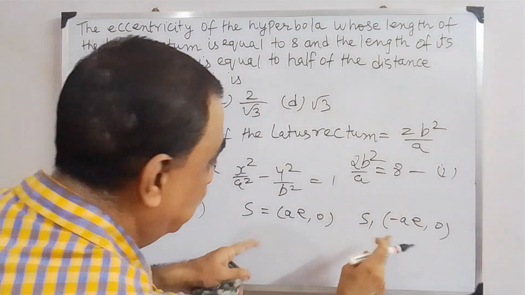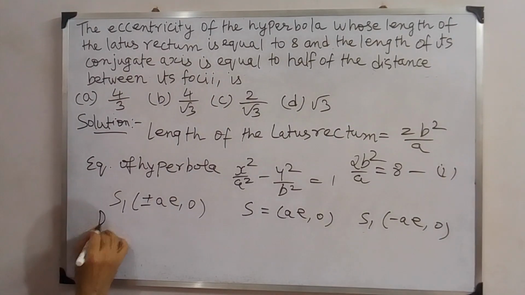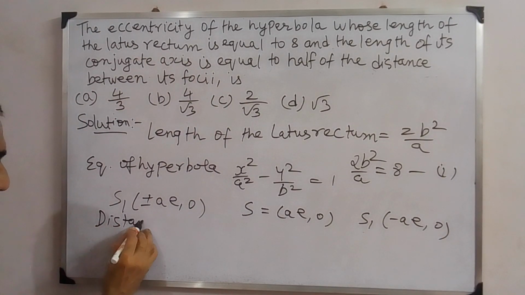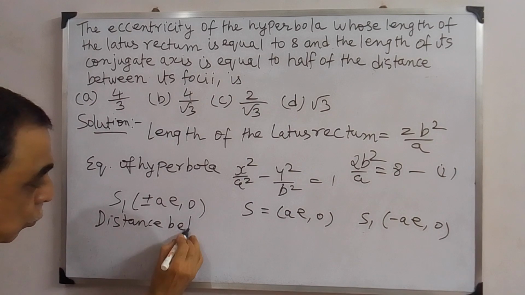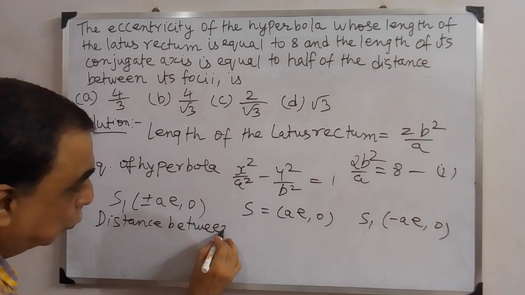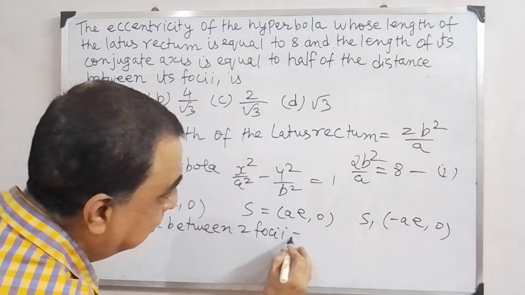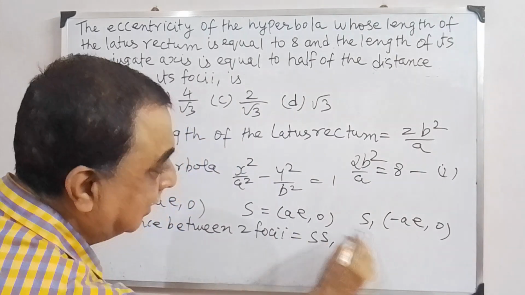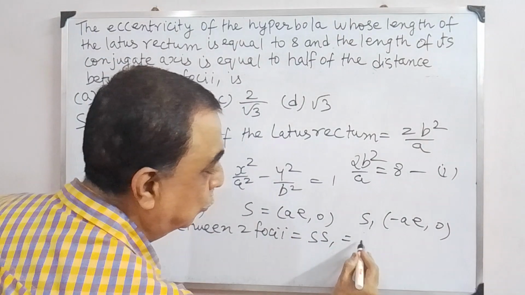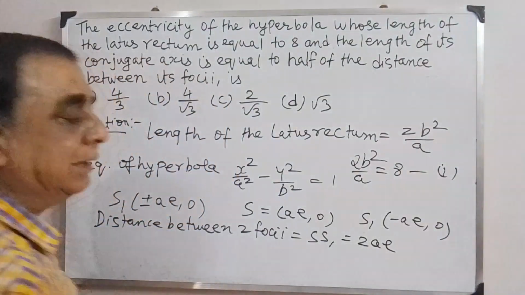So the distance between the two foci, SS1, is equal to 2ae.